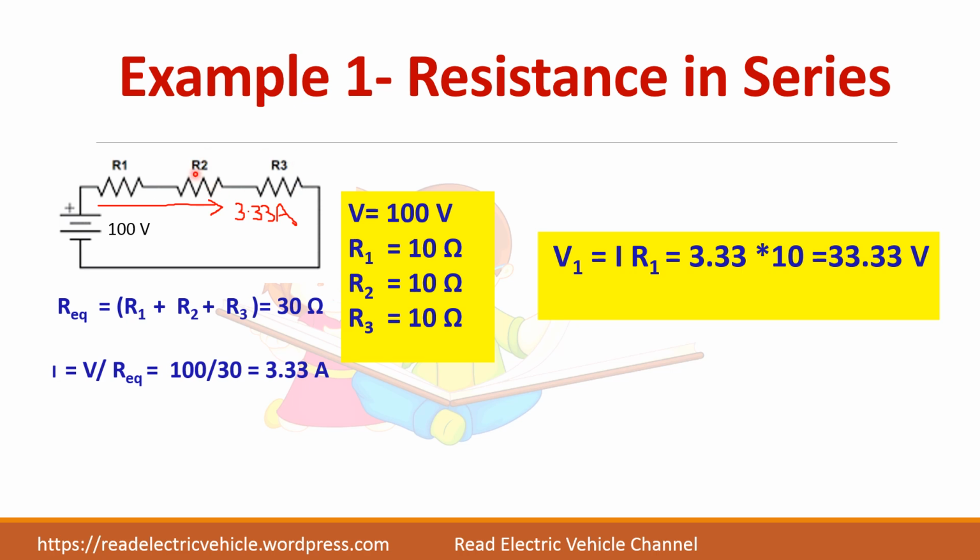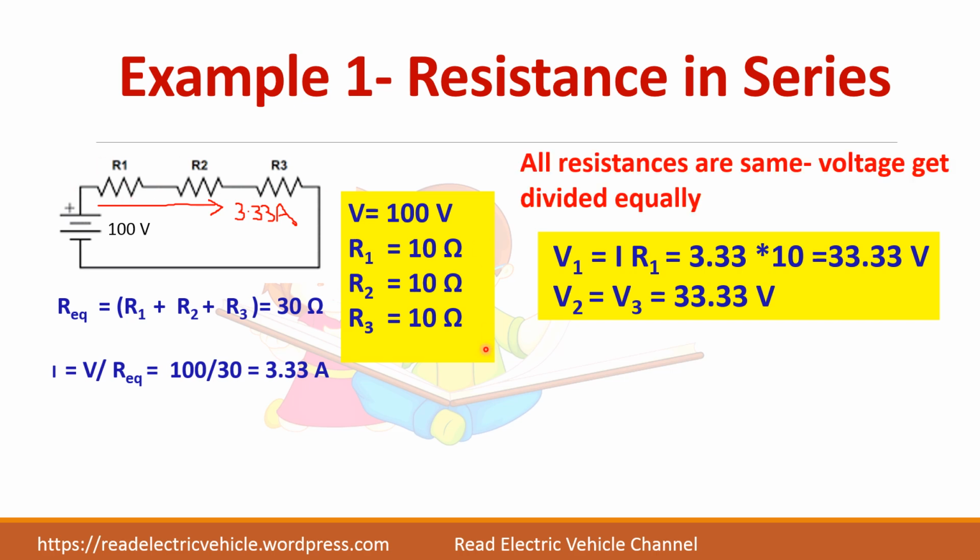Since all the resistances are equal, the voltage gets divided equally. So the total voltage is 100 volts. Each resistance is equal, so the voltage gets divided equally.